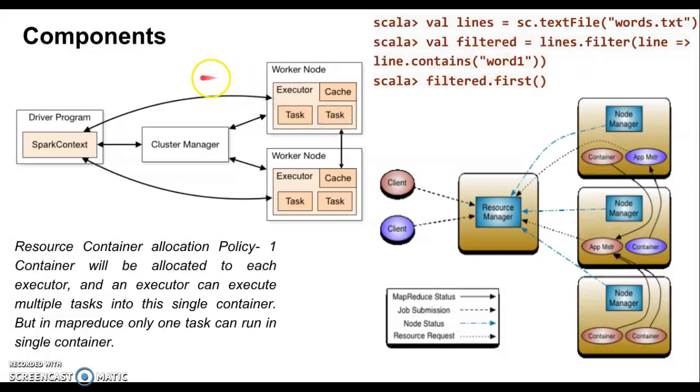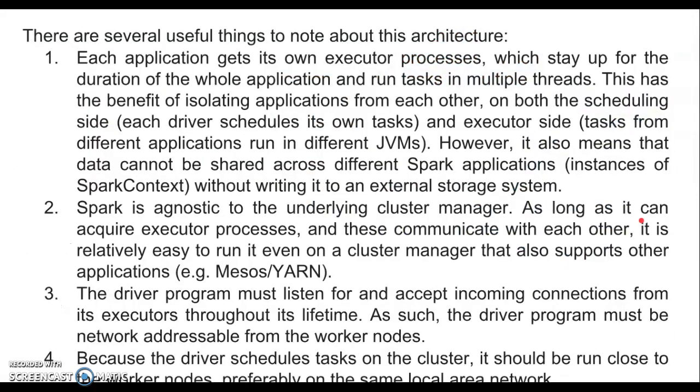So here I tried to explain the similarity between the Spark program, Spark component diagram, and Yarn component diagram. There are several useful things to note about this architecture. Each application gets its own executor processes, which stay up for the duration of the whole application and run tasks in multiple threads.